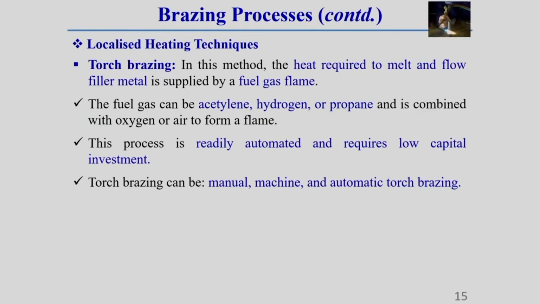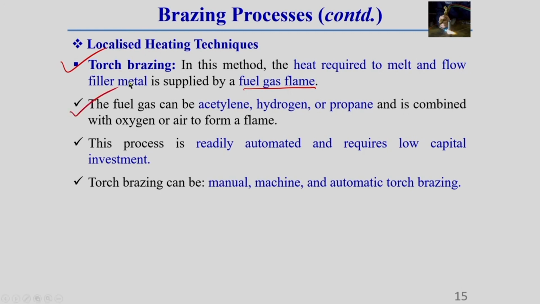Now, a little bit of detail I will discuss about this brazing process. In torch brazing it is a localized heating technique. In this method generally the heat required to melt and flow the filler material is supplied by a fuel gas flame. So, here generally a fuel gas flame is used to heat the base material as well as the filler material. Okay.